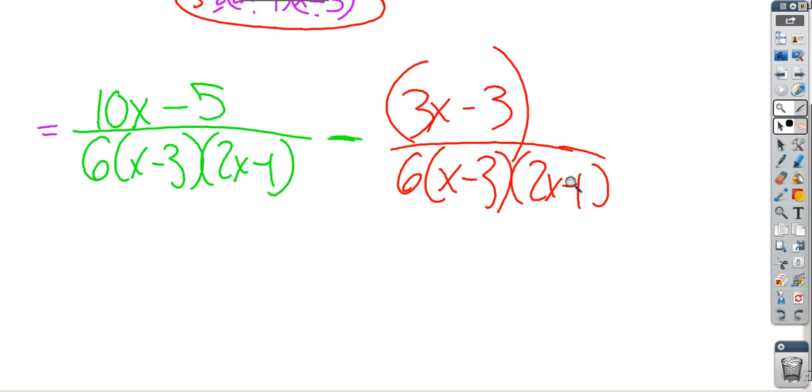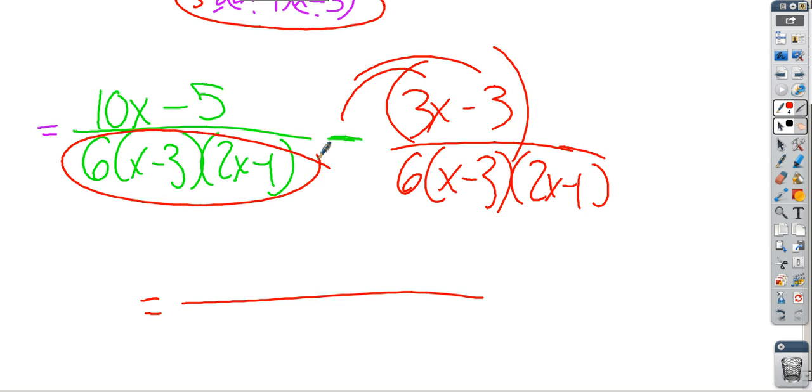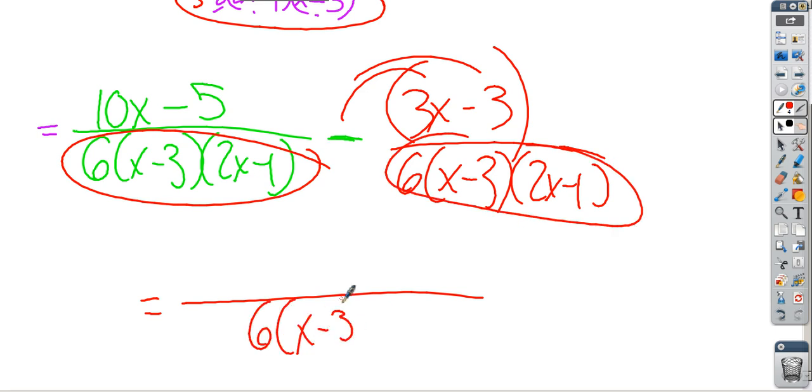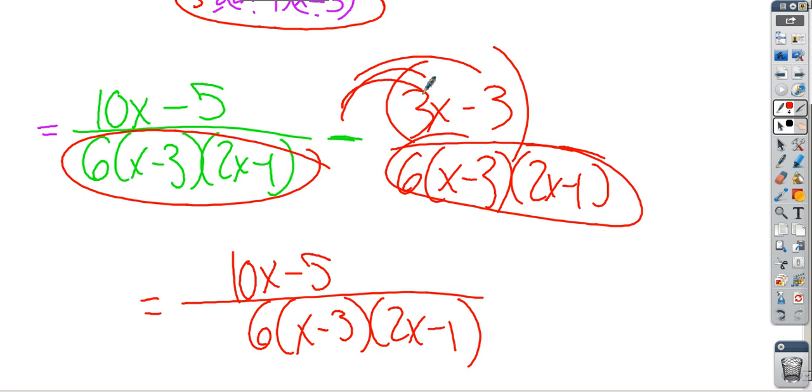You don't have to put in parentheses as long as you're aware that this is going to get distributed to everything. So our entire denominator here is now a common denominator, so we can just write it down at the bottom. And the top is going to be 10x minus 5 minus 3x and then this negative 3 becomes plus 3.